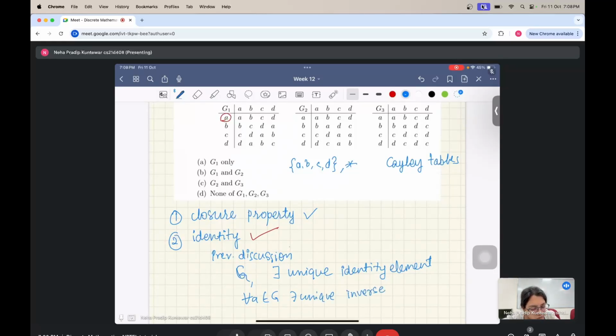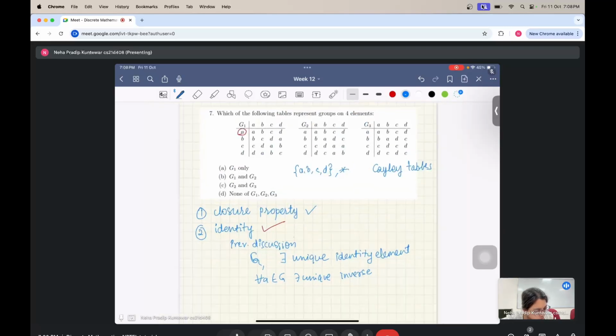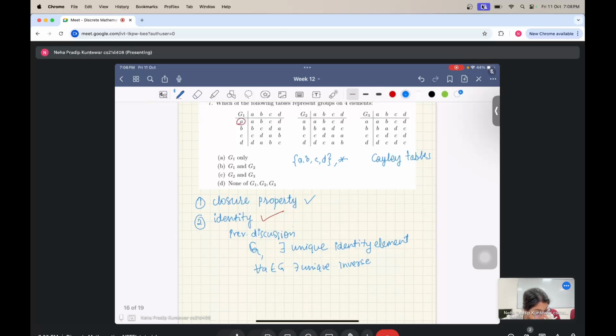If we look at G3, for example, then G3 has two inverses because C dot A also gives you C. Maybe I'll talk about G2 first.